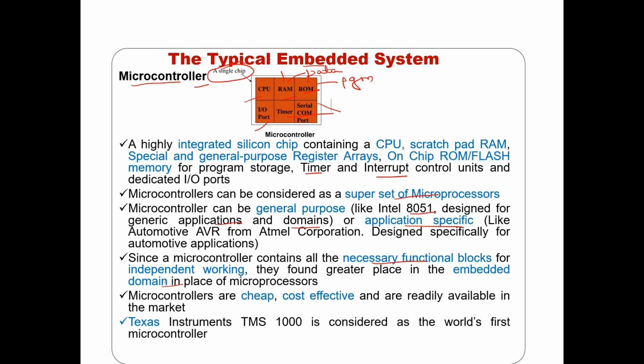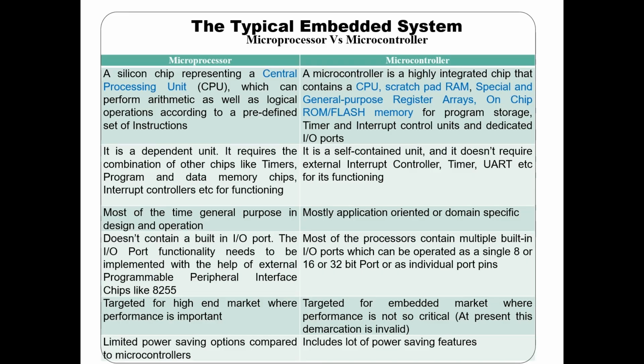Microcontrollers are cheap, cost effective and readily available in the market. The Texas Instruments TMS 1000 is considered the world's first microcontroller. That is where the microcontroller came into existence.